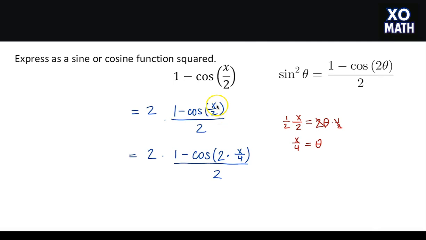So that's another thing you could do: set the inside of each equal to each other, x over 2 equal to 2 theta, and solve for theta to know what 2 needs to be multiplied by. In any case, we find out that theta is equal to x over 4, so we can rewrite this piece, 1 minus cosine of 2 times x over 4 all over 2, as sine squared of x over 4, and I will bring that 2 down in the front.